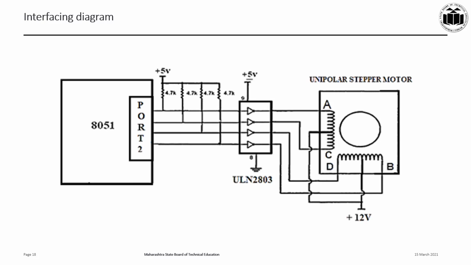Also, you can see there are 4 windings to be connected to the port pins of 8051. So as shown in the diagram, port 2 is used, but when I say port 2, any 4 bits of port 2, either the upper nibble or the lower nibble, can be used to interface the 4 windings of the stepper motor.